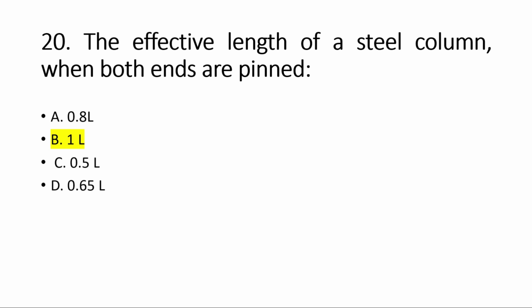Okay, so here when both ends of the column are hinged, the effective length is equal to L. Okay, when both ends are fixed, then the effective length as per steel column is 0.65 times L. Okay, so this is an important question. It is asked that is effective length when your end conditions are changed. Okay, so you have to keep in mind, and this is given in your IS 800 2007 also.